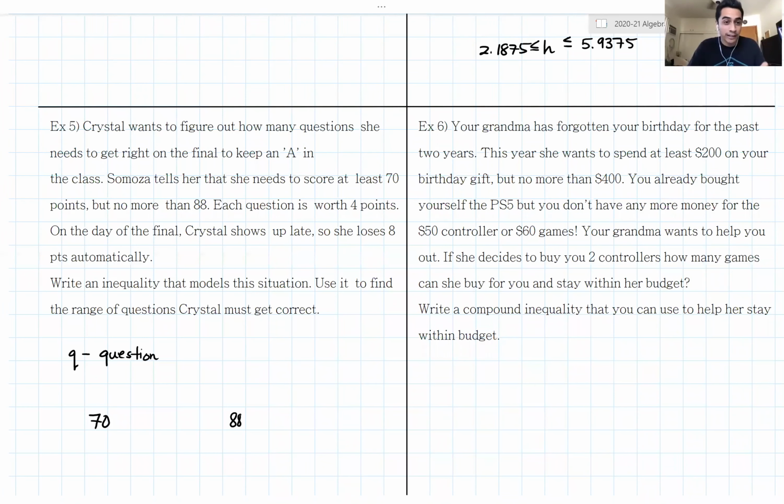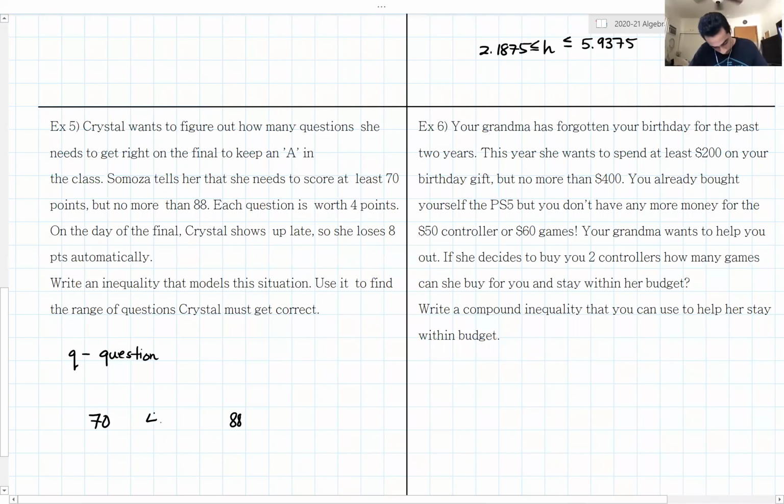Now for her, how is she going to tally points? Well, we know it's 4 points per question. How do we explain that algebraically? Yeah, we have 4Q, right? 4 points per question, so 4 times the number of questions that she gets right.